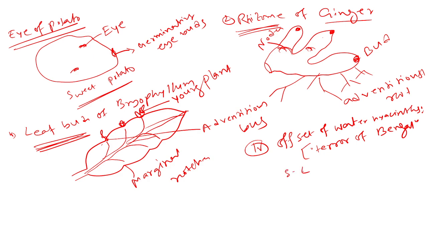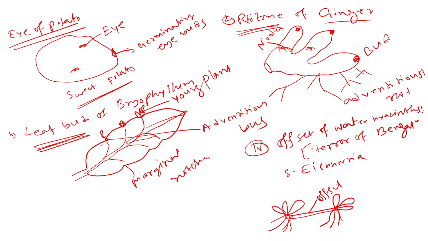It is a most beautiful plant but it is harmful for aquatic animals. This is the offset, and in a short time they grow quickly and cover the water surface area.